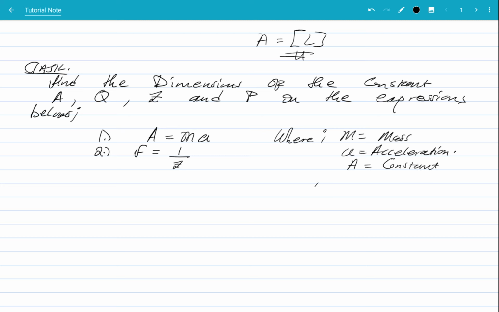Then we have another one, which F is now the frequency. Z is constant. I'm making things easy for you. Then we can also look at a formula that is relating. What formula can we look at? Let's look at the formula for density.